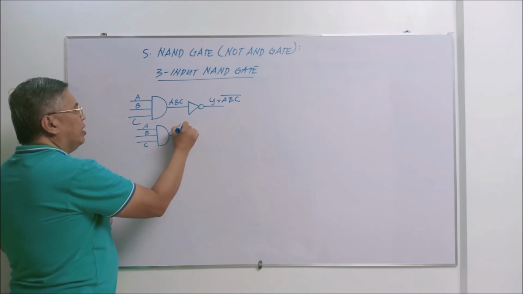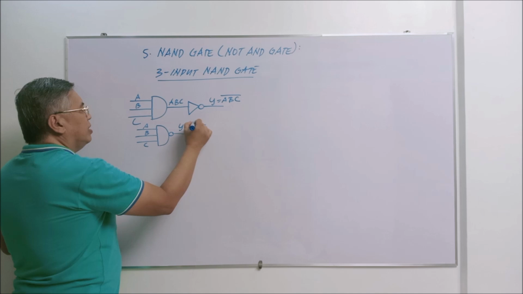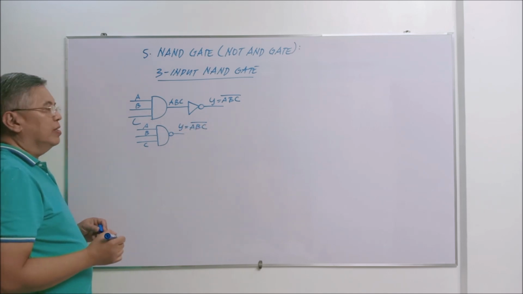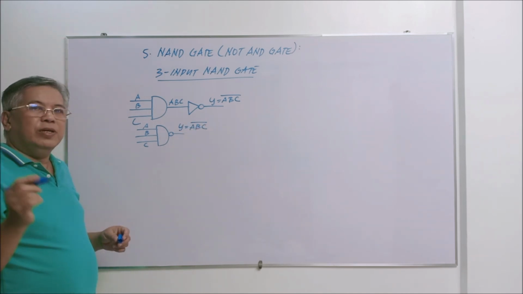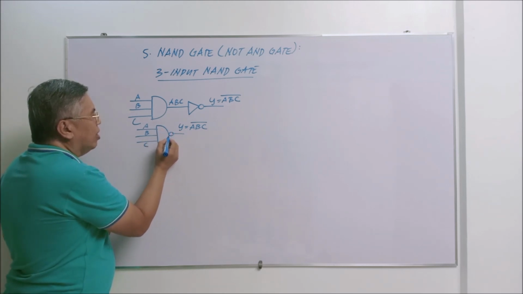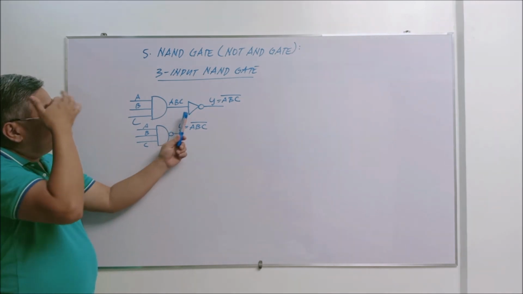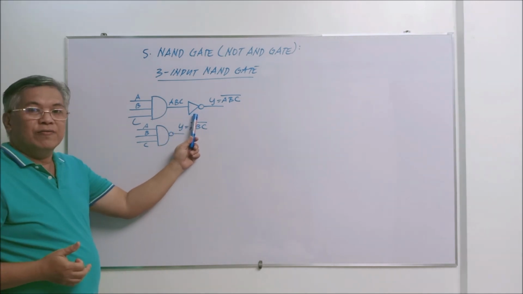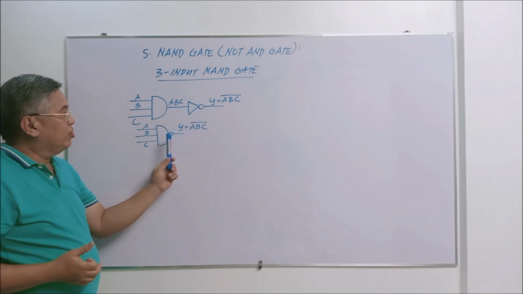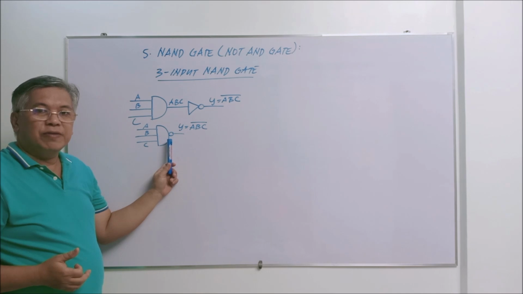So your output Y here will be A, B, C complement. Take note that the bubble should be directly connected to the output part of your AND gate. It should be at the back of your AND gate symbol.